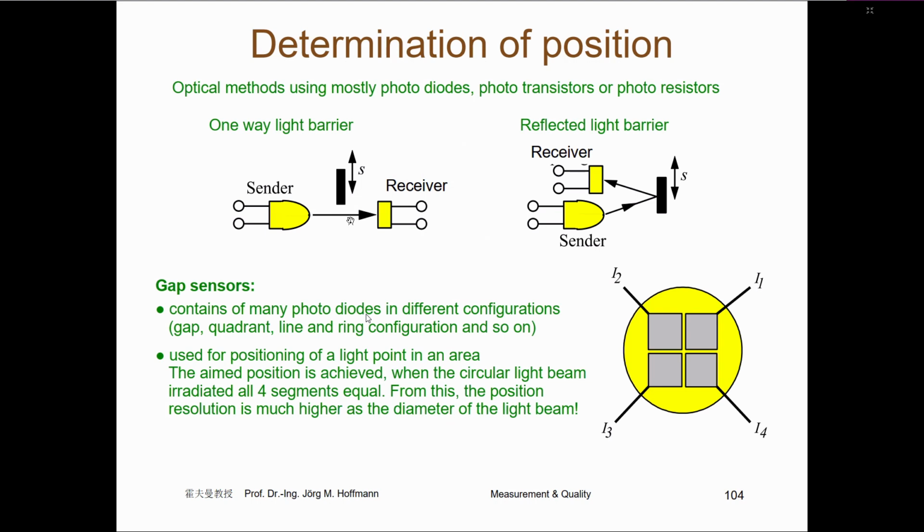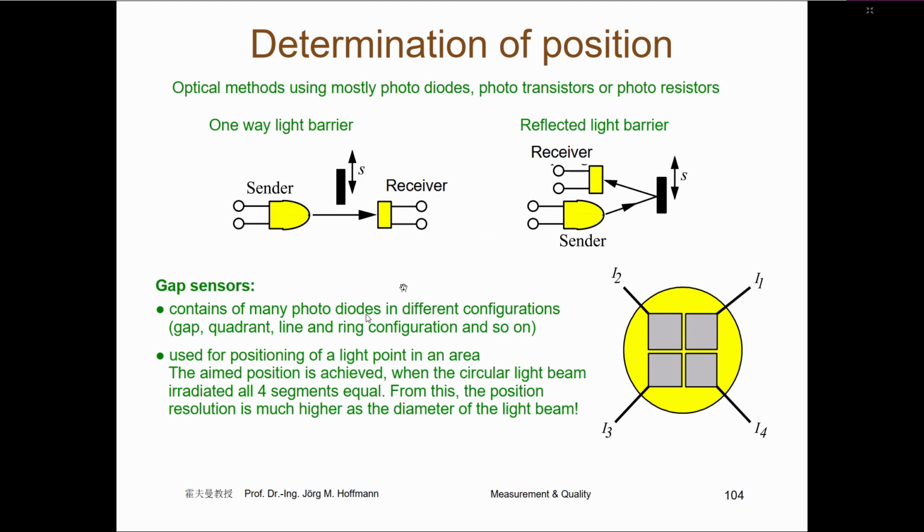That is a disadvantage. It is a very easy construction, and when you need no more precision than the diameter of the beam, then it is easy to realize. The question is, what can we do to get a higher resolution than the diameter of the beam?